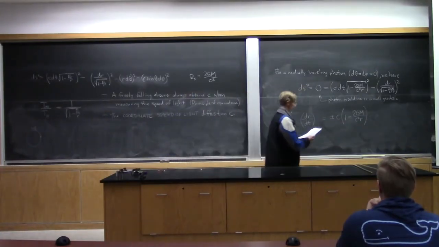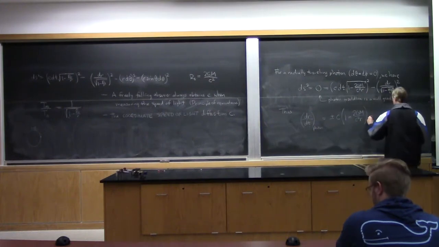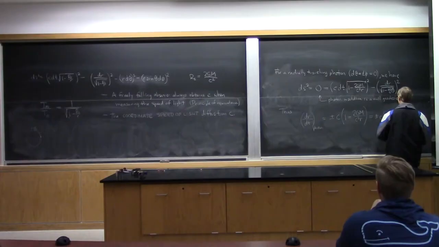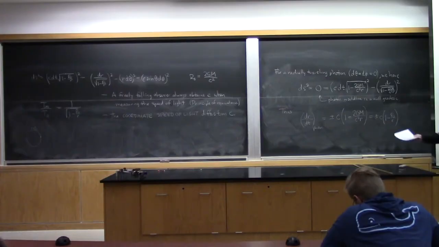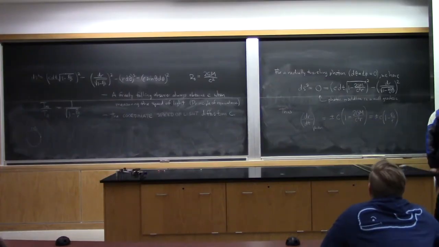So we could also put in what the Schwarzschild radius is. So this is plus or minus c times 1 minus rs over r. Why do I say plus or minus c there?